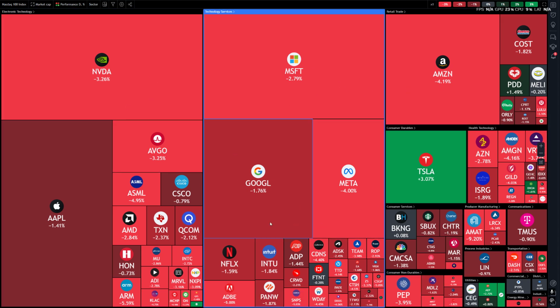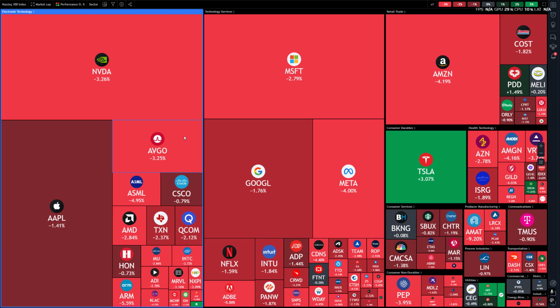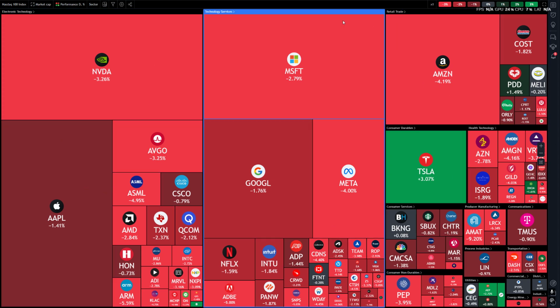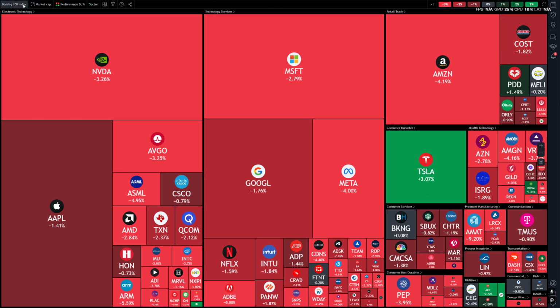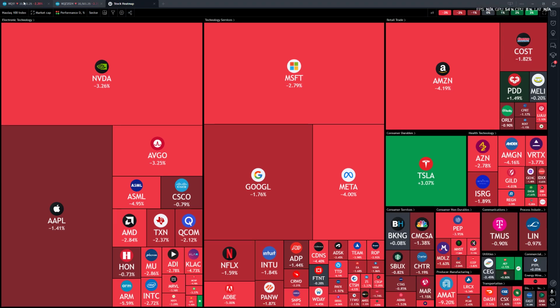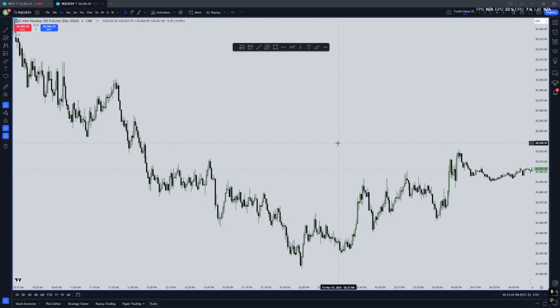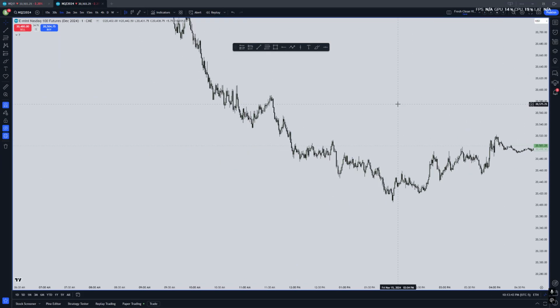Some people use this. I haven't seen any ICT trader, which is the concepts that we're going to be learning, use this, but it's an interesting thing to look at. But these are all the companies essentially that make up the NASDAQ 100. Not super relevant for what we're doing, I'll say that, but it's there.